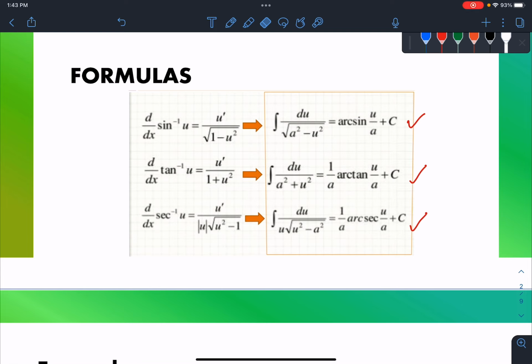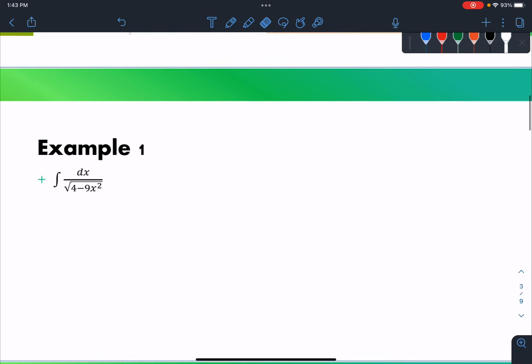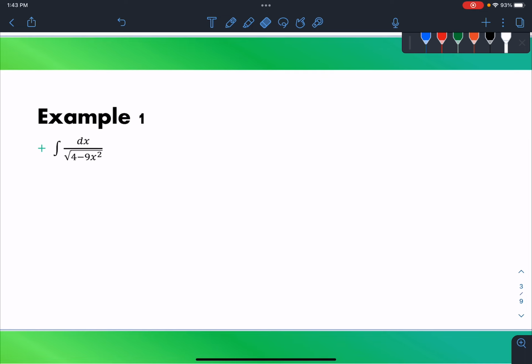And if it's the difference and it starts with the variable, u squared minus a squared, and of course there should be a u outside the radical sign, that makes it arc secant. In this case, it would appear that we have the square root of 4 minus 9x squared.